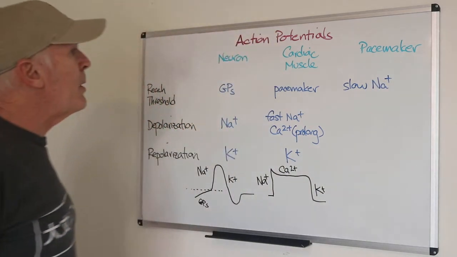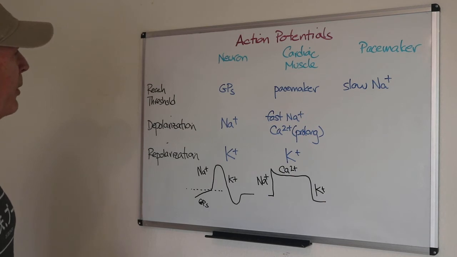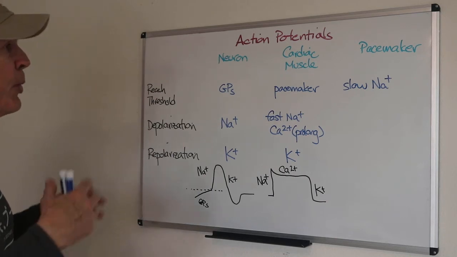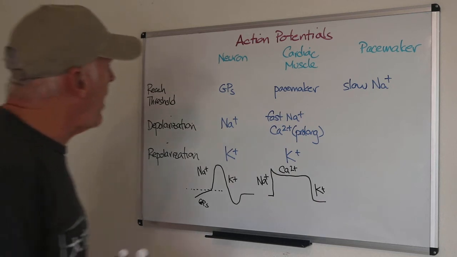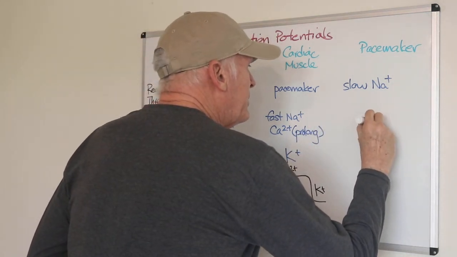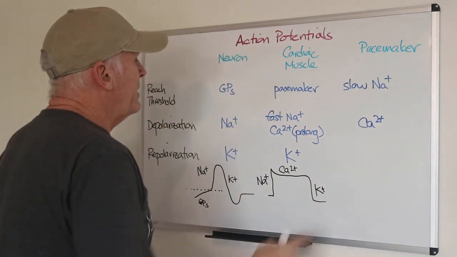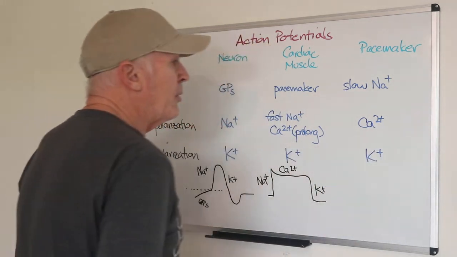The slow sodium channels are what cause the initial, that's what causes us to reach threshold in the first place. Slow sodium channels are what actually brings the pacemaker to threshold so that it fires. Once it fires, it uses calcium channels to actually depolarize, and once again, just like all the others, it uses potassium to return to normal.